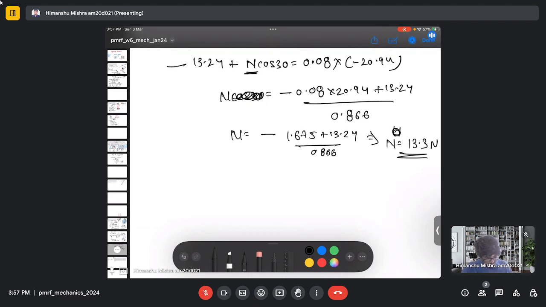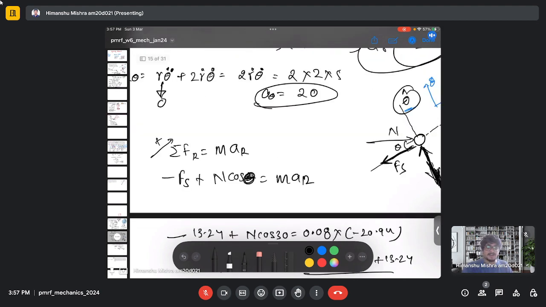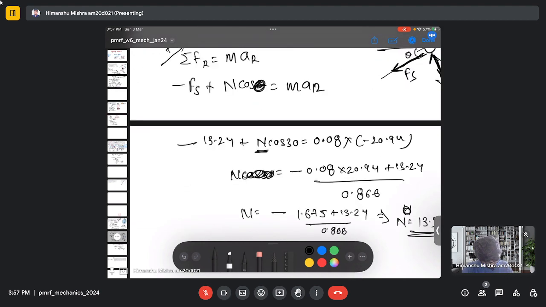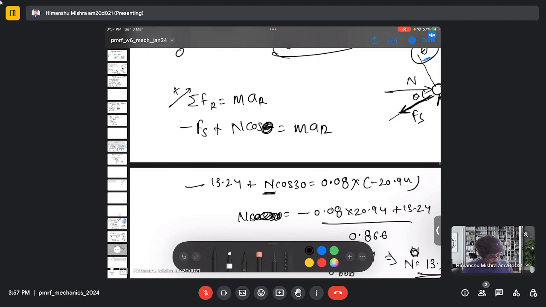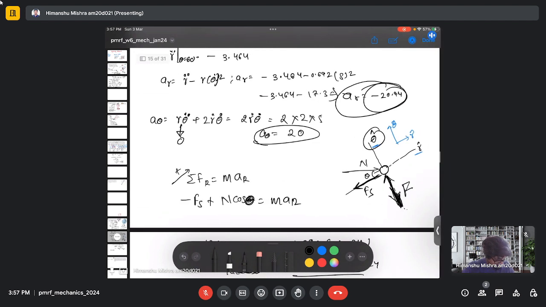Then we will do the force balance analysis in the theta hat direction. The contributions to the force come from the normal reaction as well as the force we need to find.